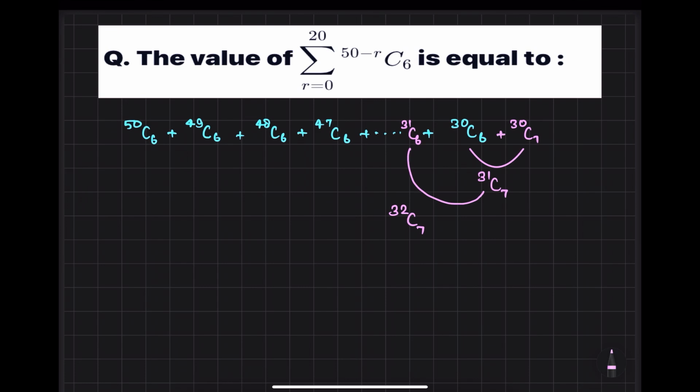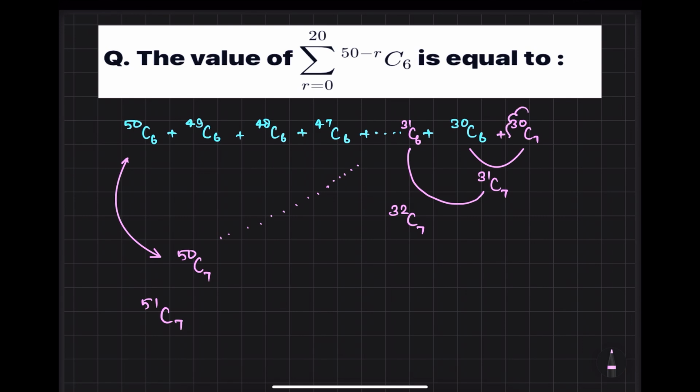This process will keep on going, and at last you will be having 50C7, and then you manipulate these two. It is 50C6 plus 50C7, so the answer would be 51C7. Correct? So our chain reaction was correct.